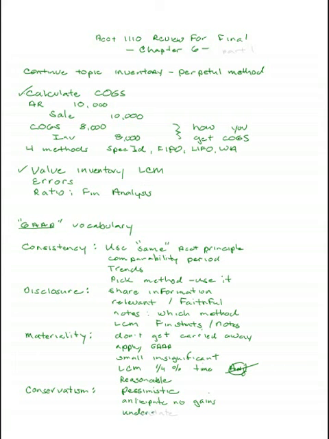Don't overstate it. Understate current assets. Don't overstate them. You'll never get in trouble if you choose to be realistic and to show something in a less favorable fashion. Whereas if you make the opposite decision, you might. You're free to pick which inventory method meets the needs of your business.